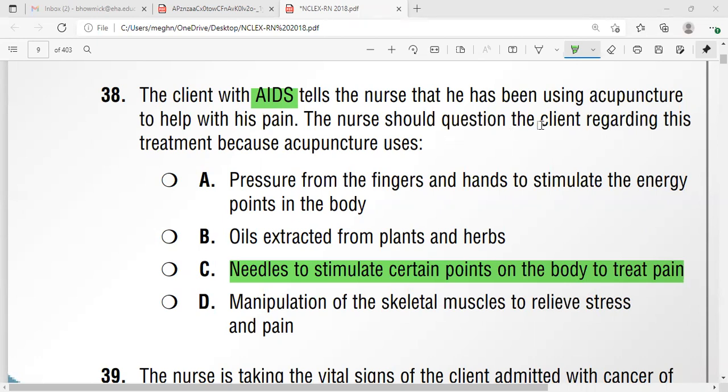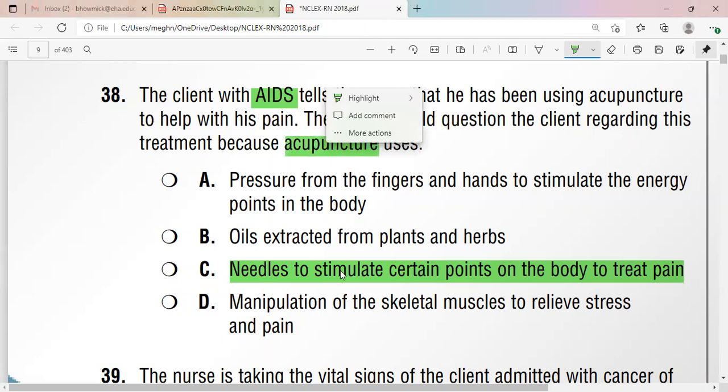The nurse should question the client regarding this treatment because the patient needs needles put in to stimulate certain points on the body. But when needles are involved and the patient has HIV or AIDS, this is dangerous. So let me recap it.